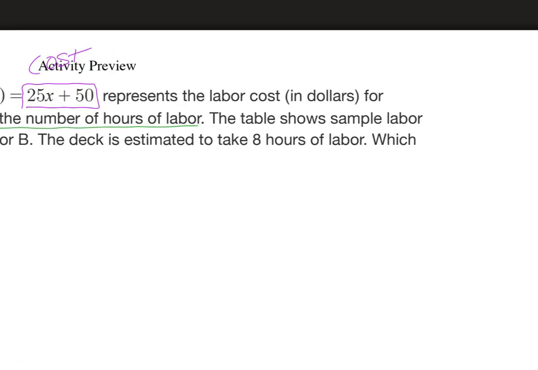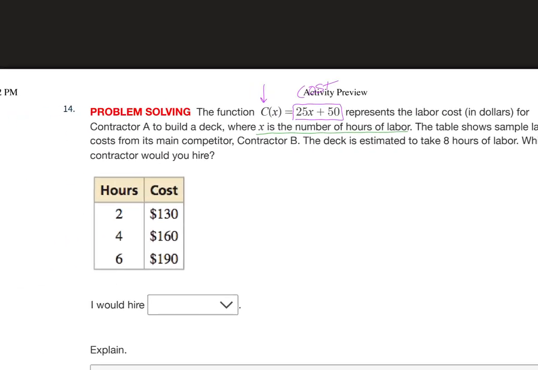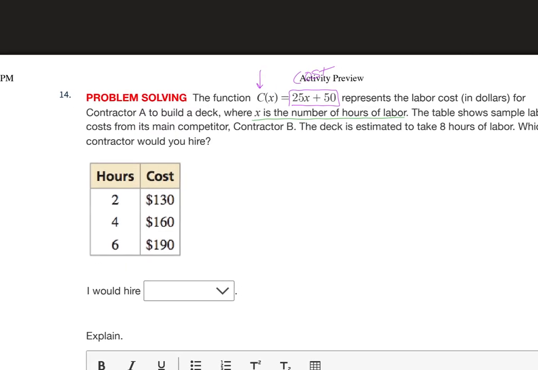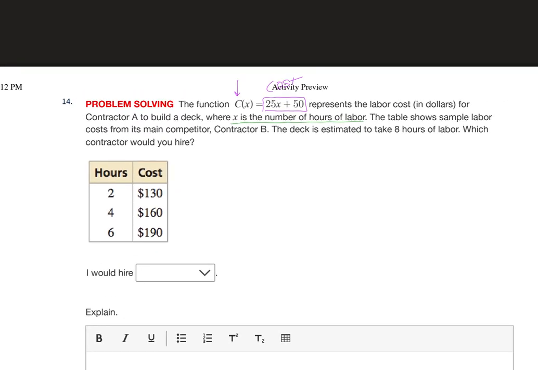So now, the table shows sample labor costs from its main competitor, contractor B. The deck is estimated to take 8 hours. Which contractor would you hire? Okay. So this is B. This is A. Okay? And we aren't given any info to get us to 8 hours.